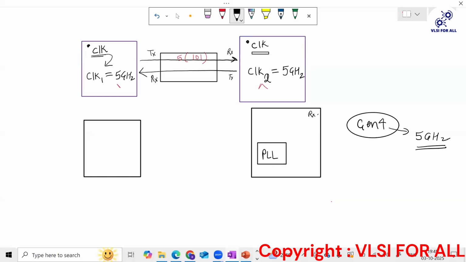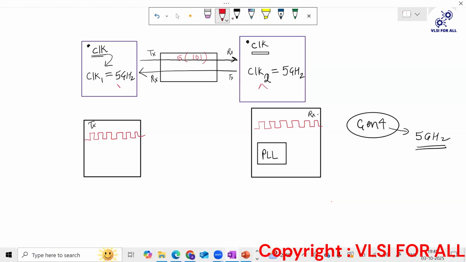It's hypothetical, the actual is much higher. So TX and RX are both aware of this 5 gigahertz frequency. A clock generator here generates 5 gigahertz, and at the TX side also a clock generator generates 5 gigahertz.